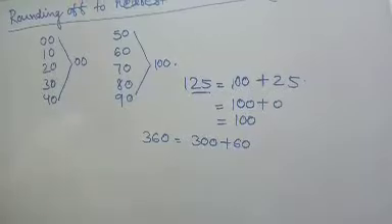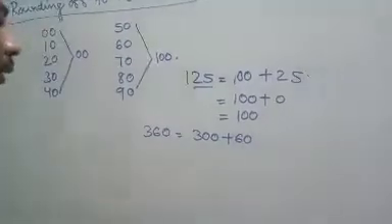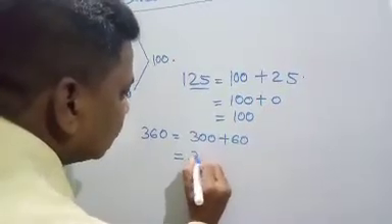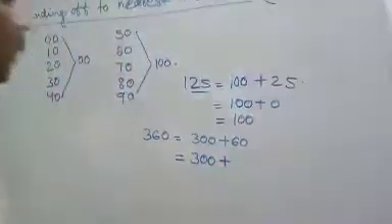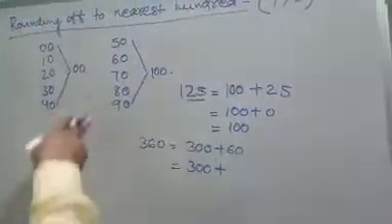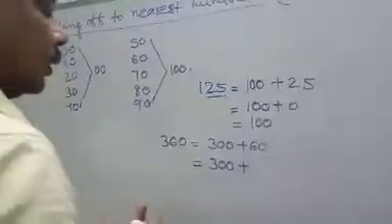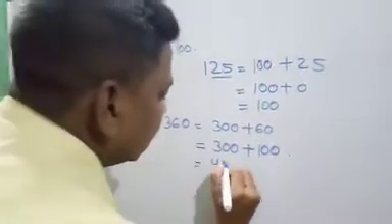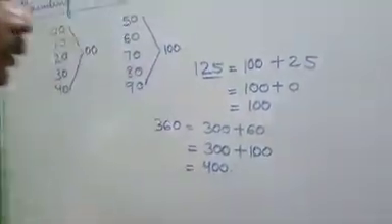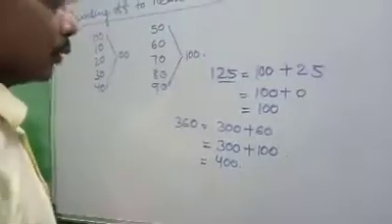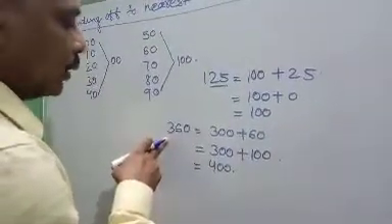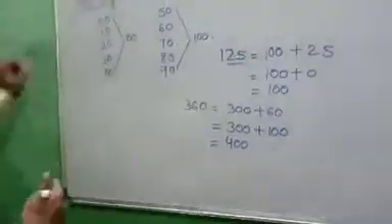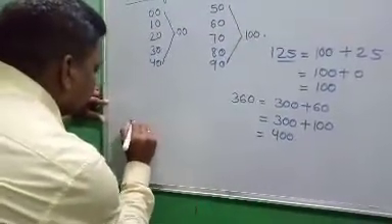I am adding the numbers for understanding only, to help you understand properly. 300 plus, when 60 is there, its value will become 100. Then the rounded number is 400 now, and you can see that the 100 place increased by one. Okay, so let's show it on a number line.